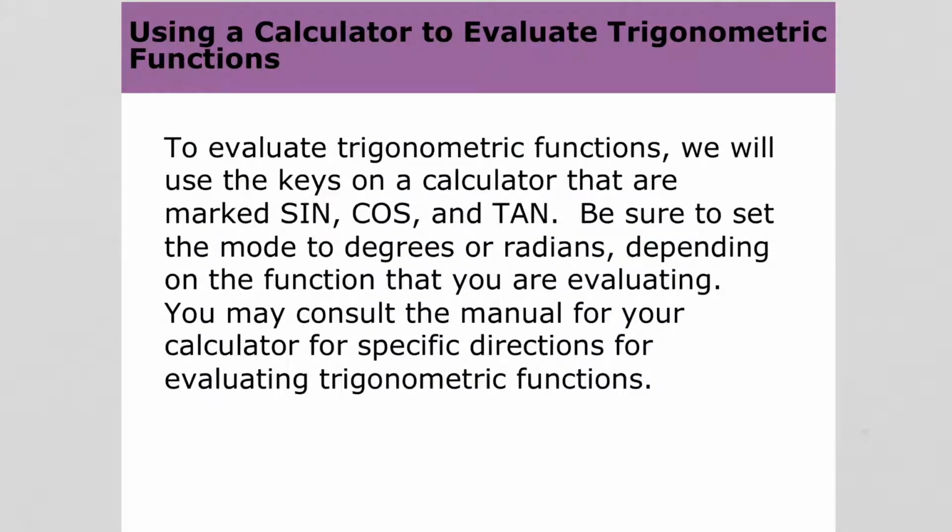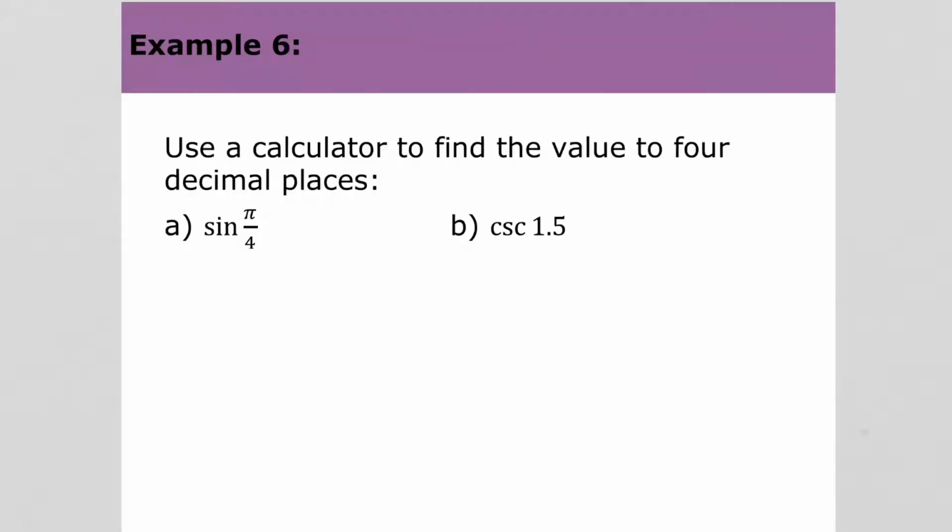And last for this section, how do you use a calculator? You just press sine and cosine and tangent, making sure you use parentheses. So sine of pi over 4, you can practice this in your calculator. Just put in pi divided by 4 like this. And you should get 0.7071. Now what if you don't? Well, that's because your mode is wrong.